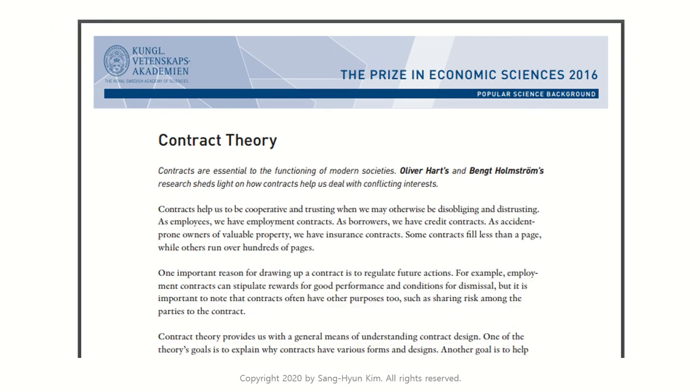So you can Google contract theory, Nobel Prize, popular science background, then you'll find this document. It's a nice summary of the contribution of Oliver Hart and Bengt Holmström, and it's also a nice summary of contract theory itself. So I strongly recommend you to read this document.